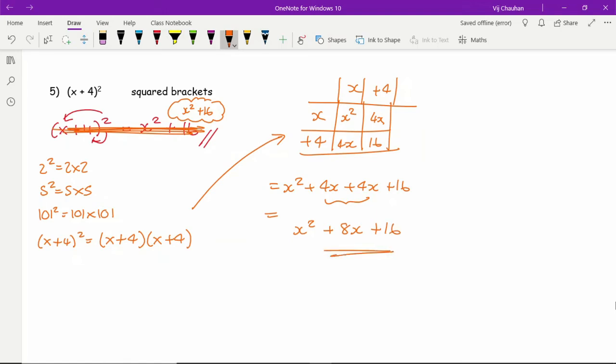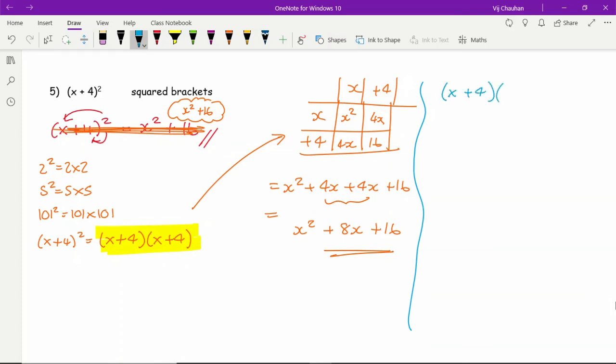Now that there is the correct answer, and doing it this wrong way of just squaring the two things inside the bracket is flawed because you miss out on that 8x. So always, always, always remember that when you've got a square outside a bracket, it basically means this. And again, if I was to use the loop method, let's just quickly show you that.